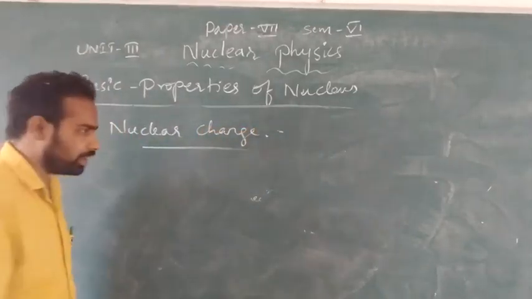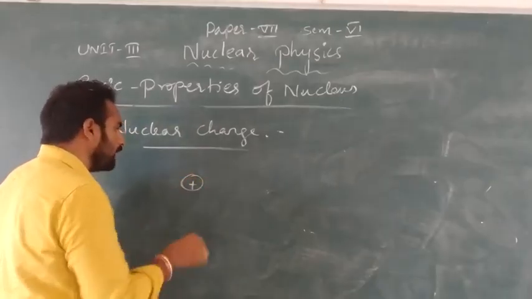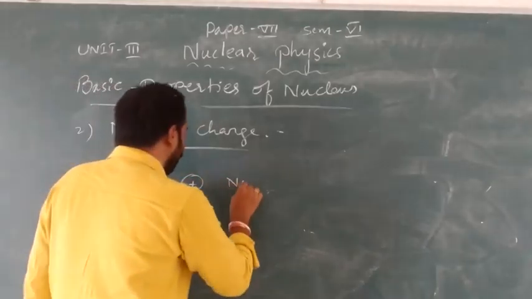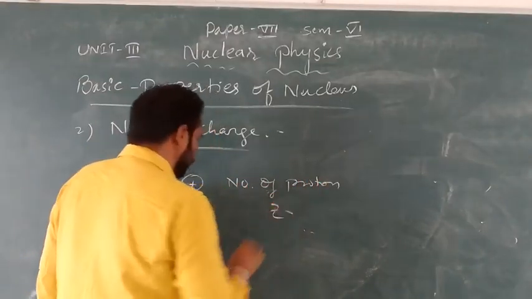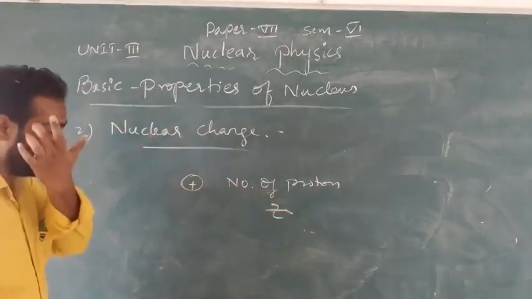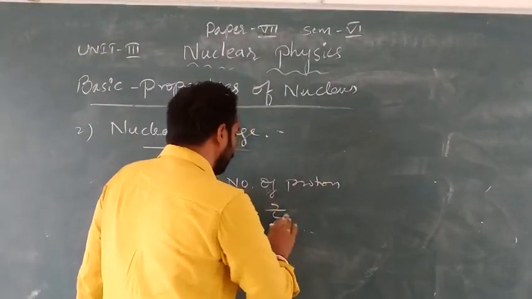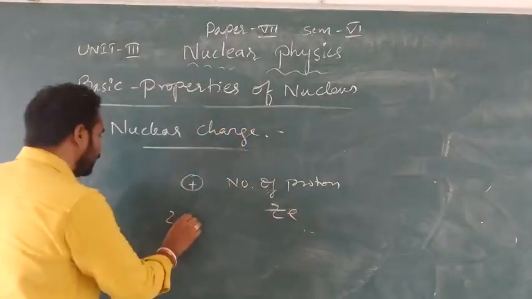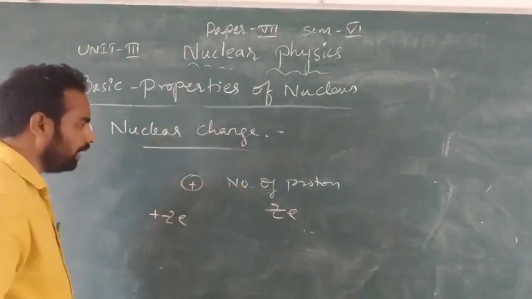It comes from the number of protons, because the charge on the nucleus is positive, and this positive charge is due to the protons. The number of protons is Z, and the charge of each proton is represented by e. So Ze is the total charge on the nucleus.